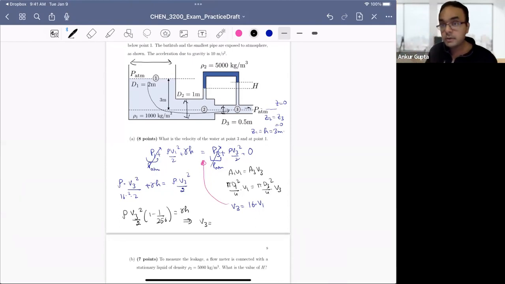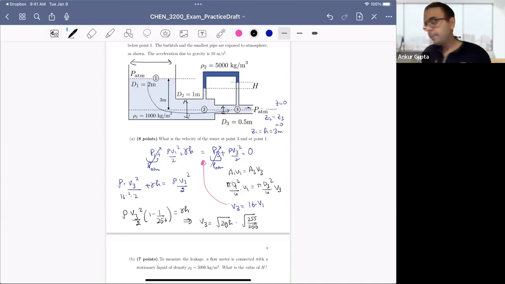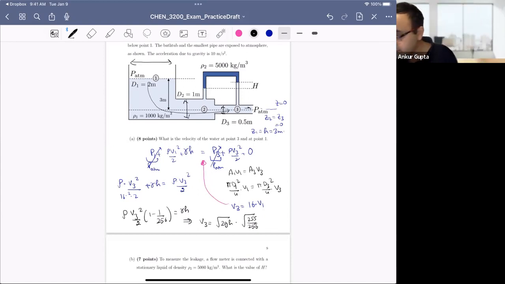And so gamma by rho becomes g. So this is root 2 gH, which you have seen, times the square root of 256 by 255. Essentially this is what you get in terms of your answer.